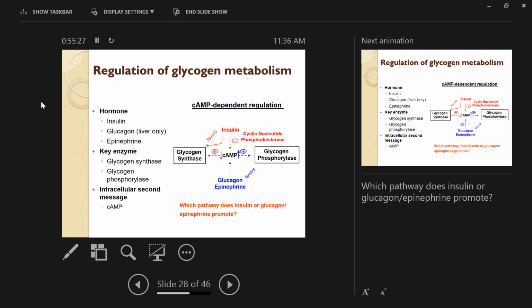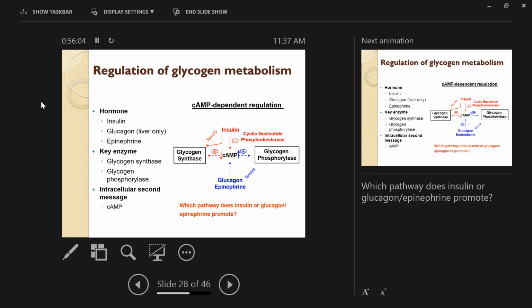So in general, under the fasting condition, when you have higher glucagon and epinephrine, cyclic AMP levels increase. And in the fed condition, with insulin, you go in the opposite direction. So you just remember one condition, and it's easier to understand the opposite condition.